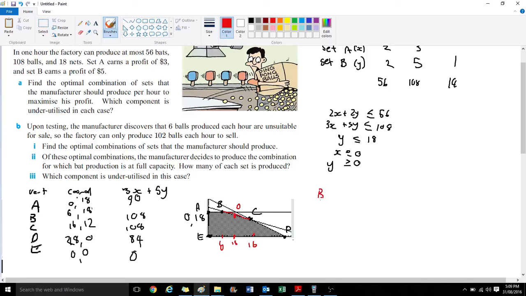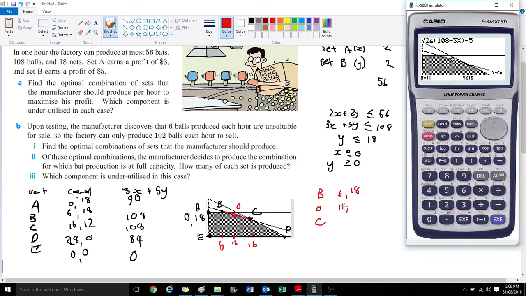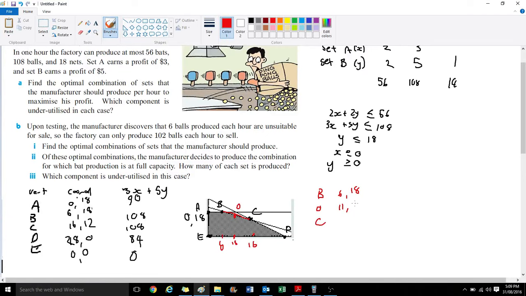These are B, O, and C. These have coordinates. B has 6, 18. O has 11 and 15. And C has coordinates 16 and 12.